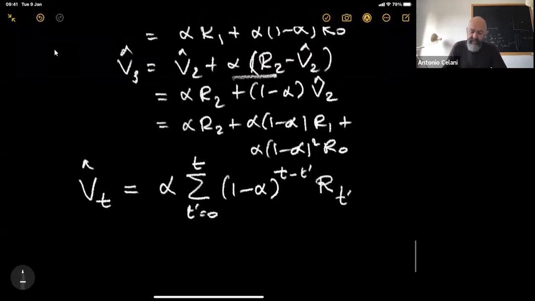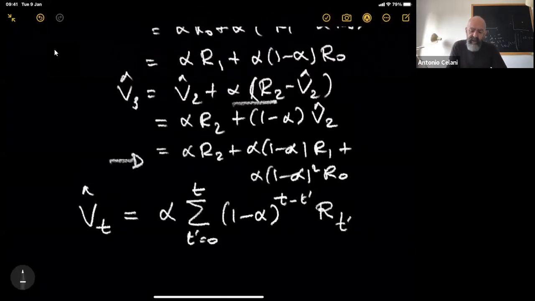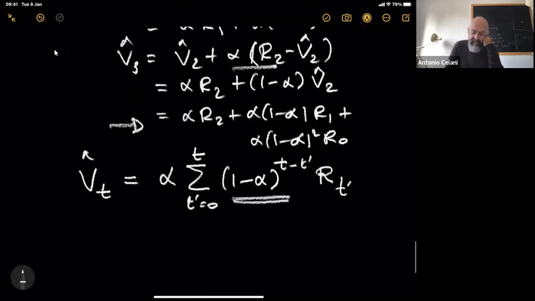So if you look at this expression here backwards, you see that your estimate at step 3 is alpha, your learning rate, times what you just got at the time before, and then you get alpha times (1 minus alpha) from what happened 2 steps before, and then alpha times (1 minus alpha) squared, what happened 3 steps before. Okay, and this is what is expressed here. So this is some sort of fading memory. Okay, it's a geometrically fading memory.